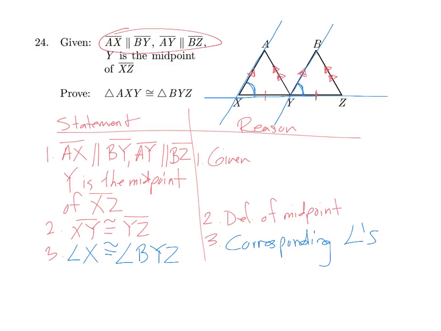Then I have these 2 lines that are parallel, and this transversal. So angle Z is congruent to angle AYX. And the reason? Those are corresponding angles.